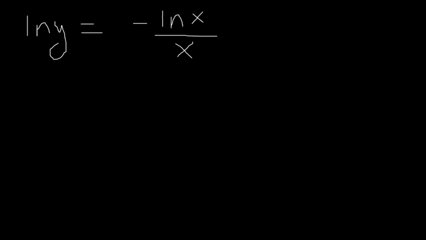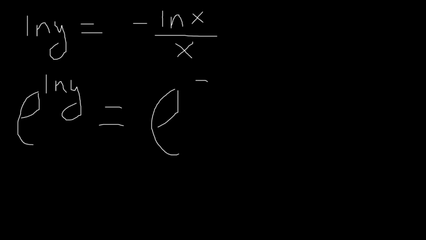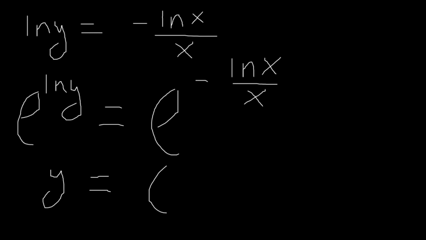Now we want to have y back. How can we have y back? We introduce an exponent: e to the ln y is equal to e to the negative ln x all over x. So y is equal to e to the negative ln x all over x.